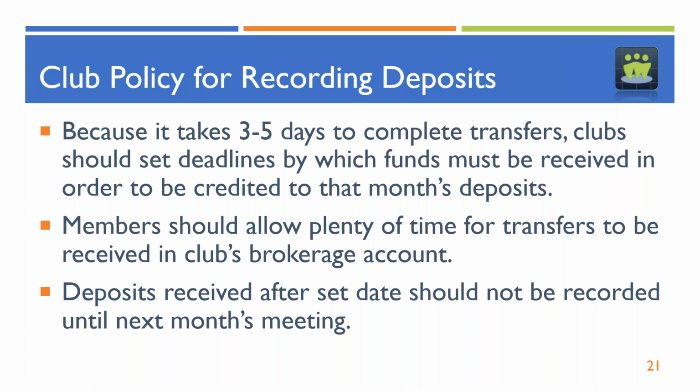What I don't like to see is you enter all of the club member payments after the meeting, so everyone gets the benefit of the unit value at that meeting, and someone is 2 weeks late, and they, in theory, have had their own money 2 weeks longer than everyone else, but they get credited at the same unit value.